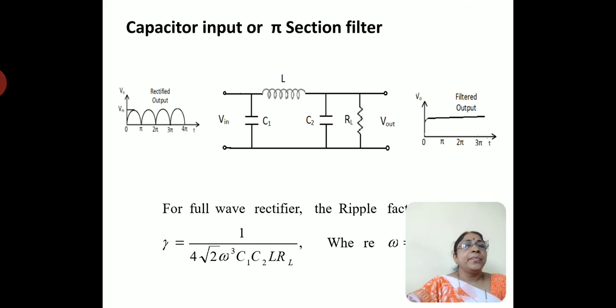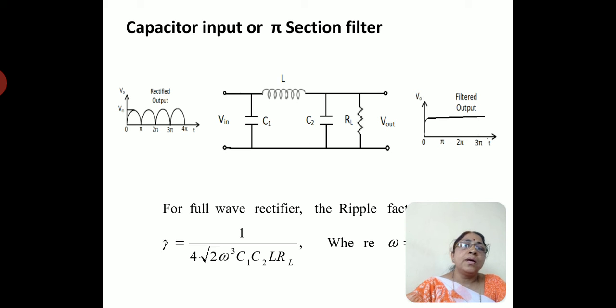And now the capacitor input or pi section filter. Here the capacitor is always connected in parallel and the inductor is connected in series. By taking two capacitors and one inductor, it takes the form of a pi section, and the output is taken through the load RL. The input of this filter is the rectified output, which is a pulsating one.